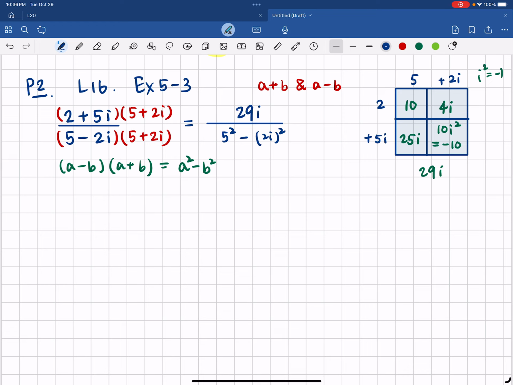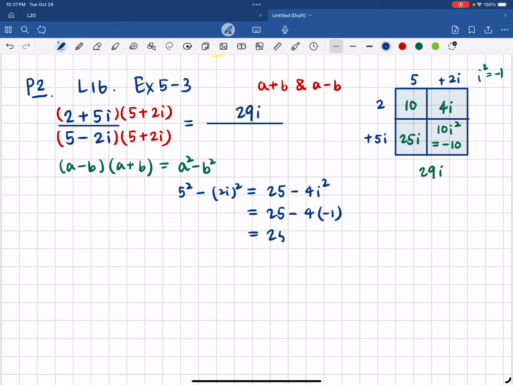For the bottom, let's actually calculate what this is. So I'm going to move this somewhere else. Let's move it here. We got 5 squared minus (2i) squared. That is 25 minus 4i squared. And notice that i squared is negative 1. So this is 25 minus 4 times negative 1.